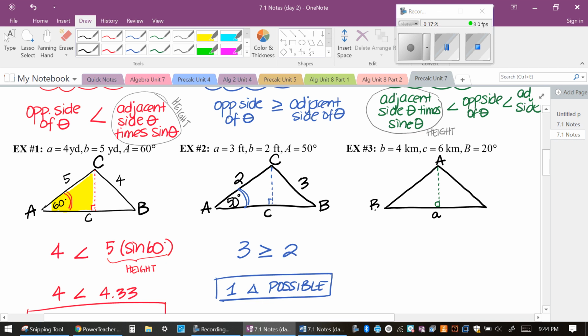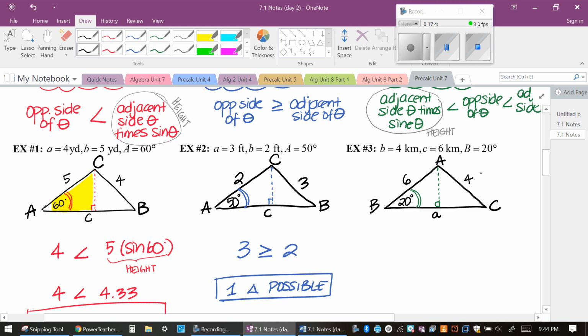Like I said, I'm right-handed, so I always go from left to right. So B is 20 degrees. Little c is 6. That's across from big C. And little b is 4.